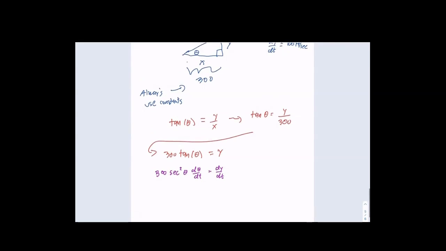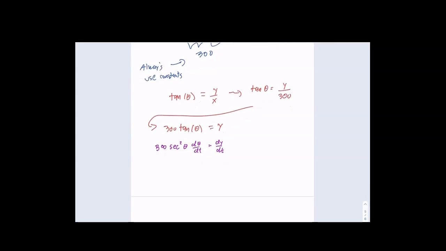Now, as I told you, we want to find d theta/dt, so I'm just going to solve for d theta/dt. D theta/dt is equal to, when I move secant squared over here, I multiply by cosine squared. So I'm going to get dy/dt times cosine squared of theta, over 300.